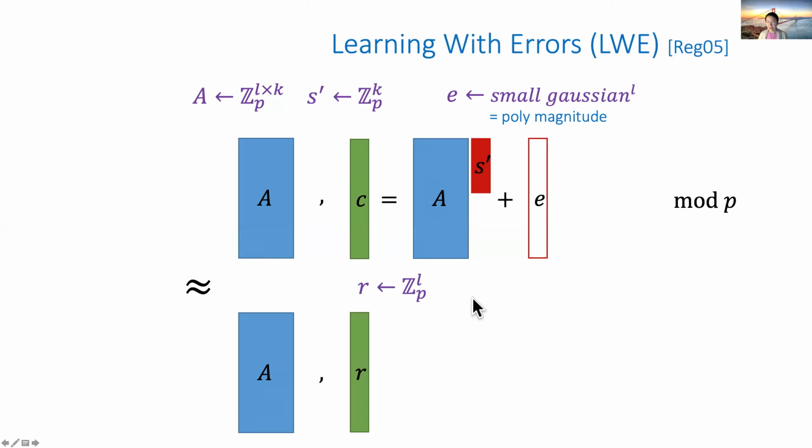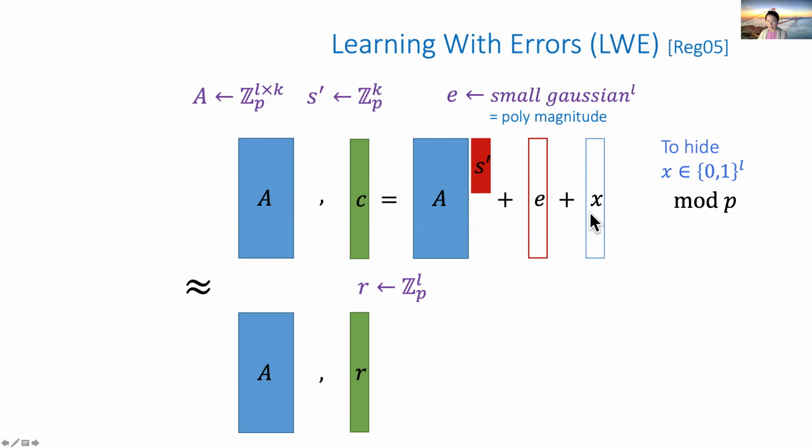I forgot to mention that for the learning with errors assumption to hold, it is very important that the secret s prime and the noise e always remain hidden. With learning with errors, we can easily hide an input vector x by simply adding it to the output of A s prime plus e.